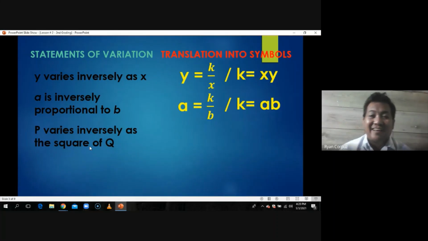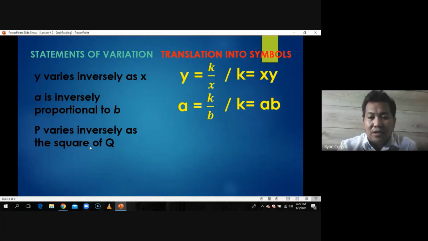Ang meron lang ay direct square variation. Pero pwede kang gumamit pa rin ng square na word even if you are solving any kind of variation. That's not only limited to direct variation. Just like in this statement, P varies inversely as the square of Q.